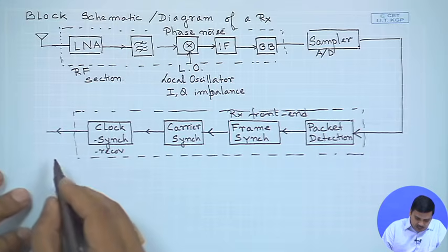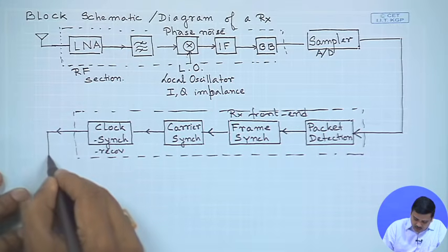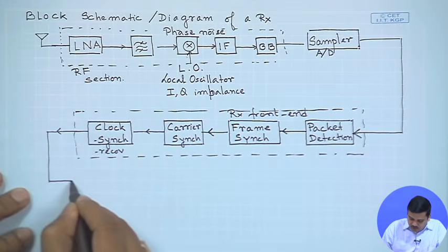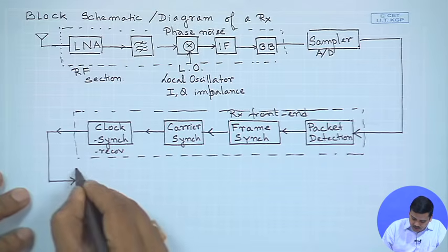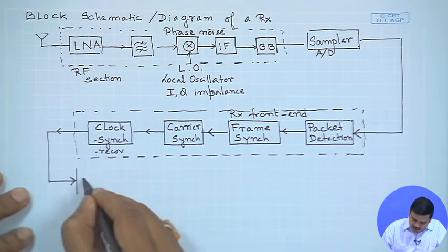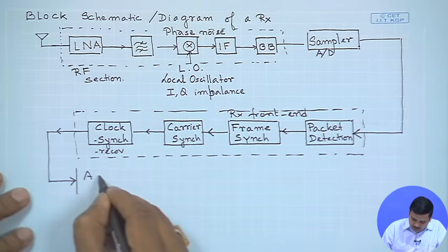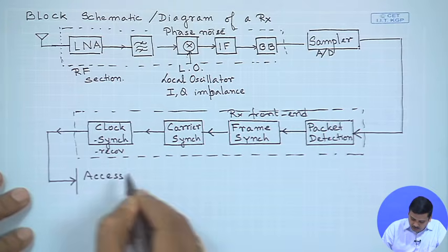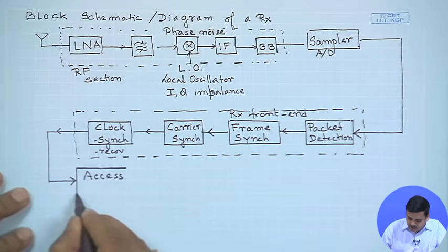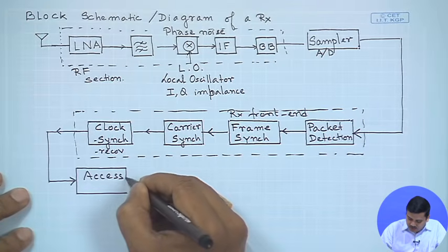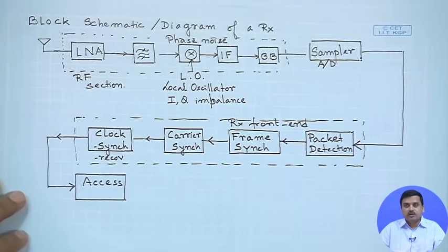So once this is done, one may put the corresponding block of the transmitter, which is the access. Access basically deals with the part which is with respect to multi-user communication.